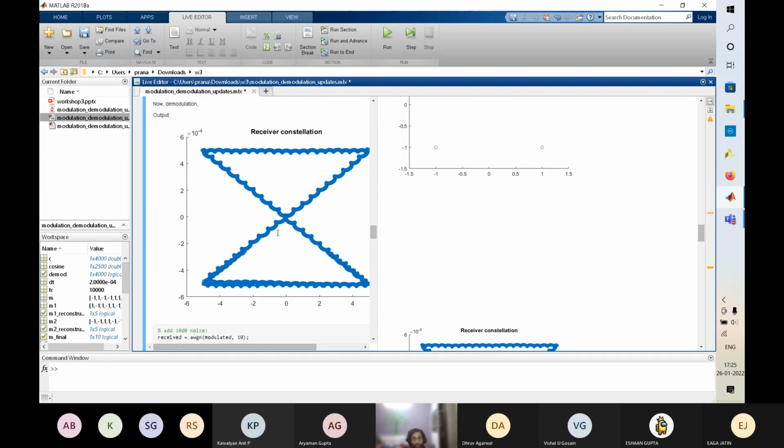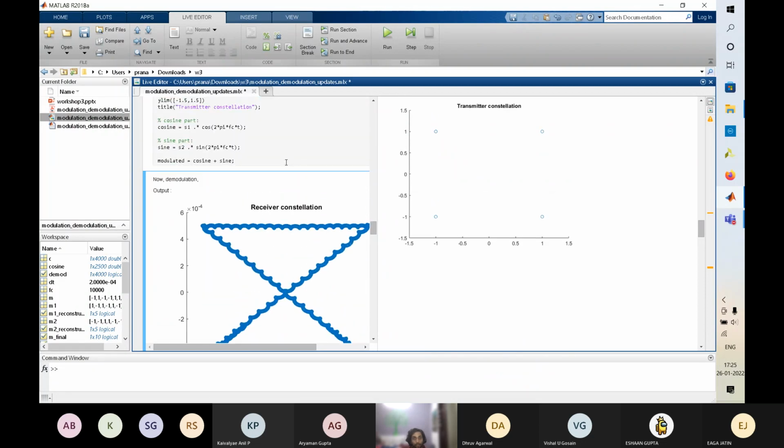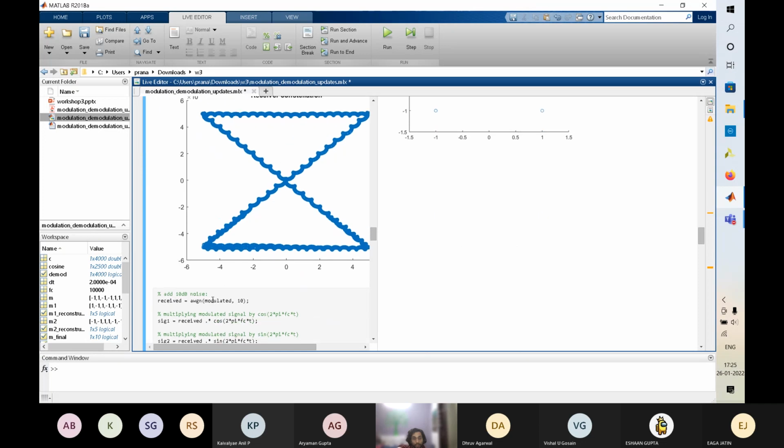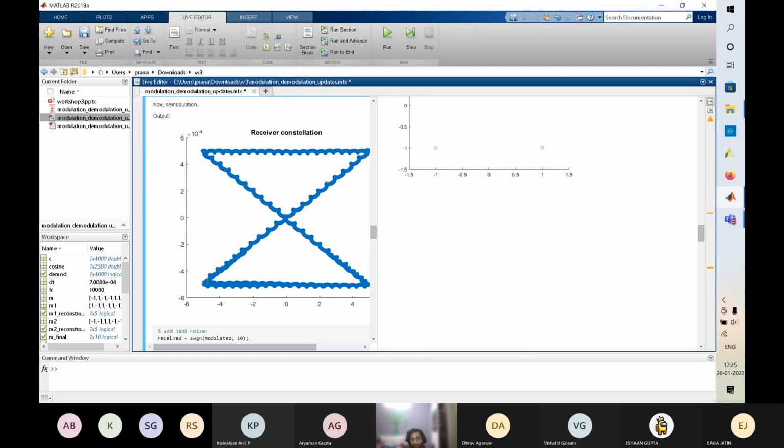Something interesting here is the receiver constellation. When we added noise to the modulated signal, we can see that all the dots in the receiver are telling where the signal is located. So we can see that a lot of noise has been added to the signal.